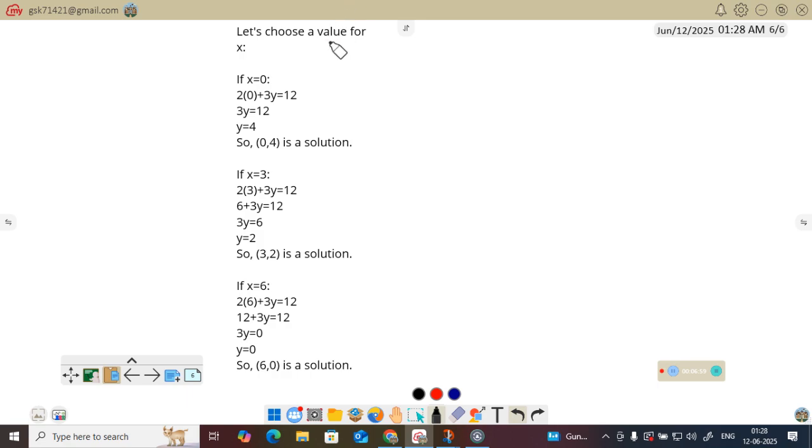Let's suppose a value for x. Let x equal to 0, put it in the equation 2x plus 3y equal to 12.